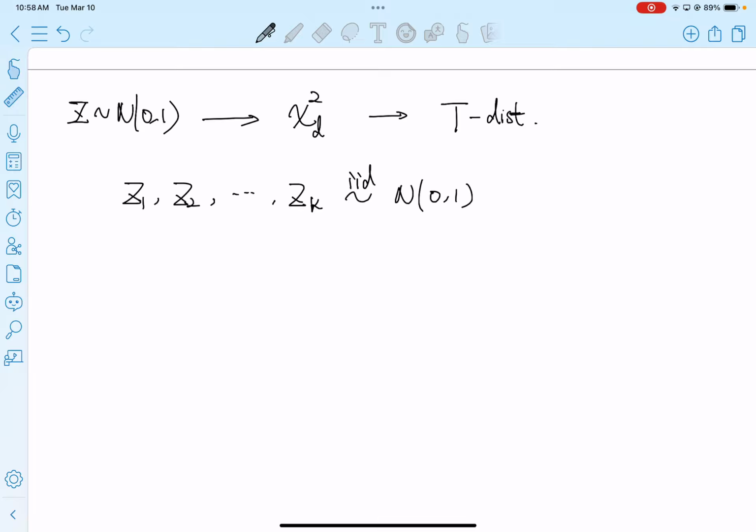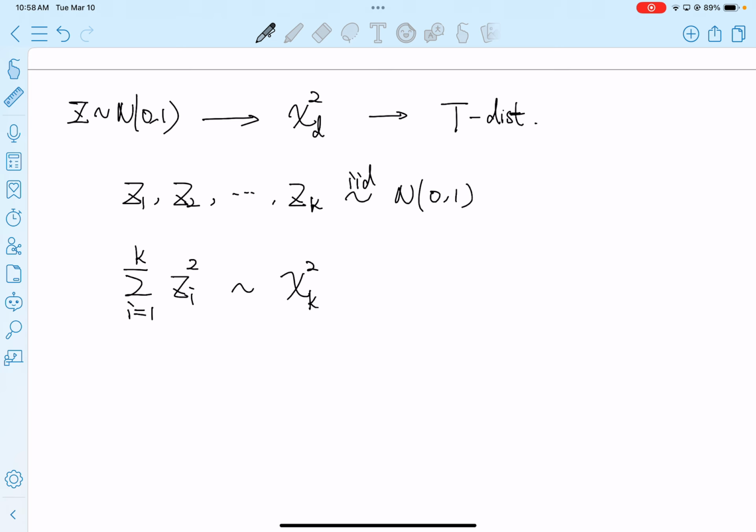Now I'm claiming that if I take the summation from 1 to k of Z_i, taking the square, this new quantity here follows a new distribution called the chi-square distribution.